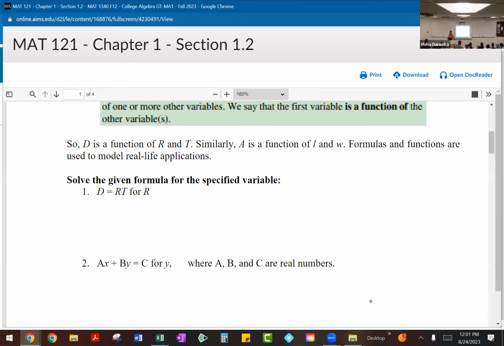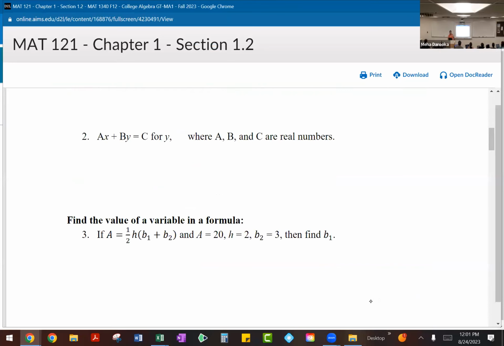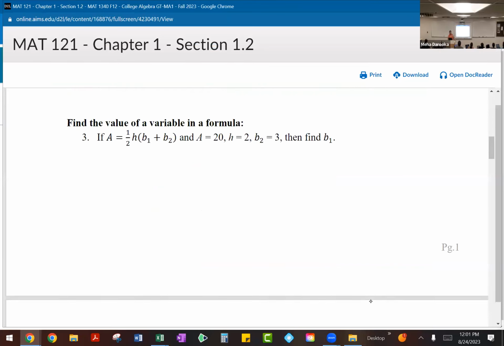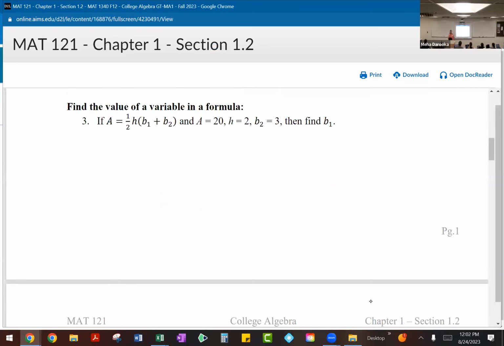You'll see there's a couple different examples. There's a linear equation here with ax plus by equals c, and they're asking you to isolate that for y. You can see that. This one over here, does anybody recognize what that formula is for?